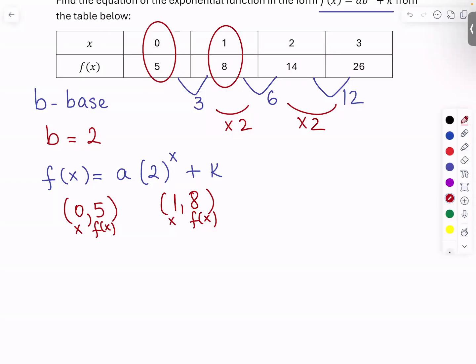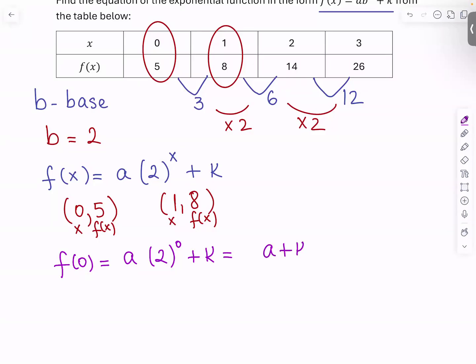Okay, let's see. F of 0, because x is 0, will be a times 2 to the power of 0 plus k. Now 2 to the power of 0 is 1, so a plus k will be 5. F of x is 5 when x is 0.